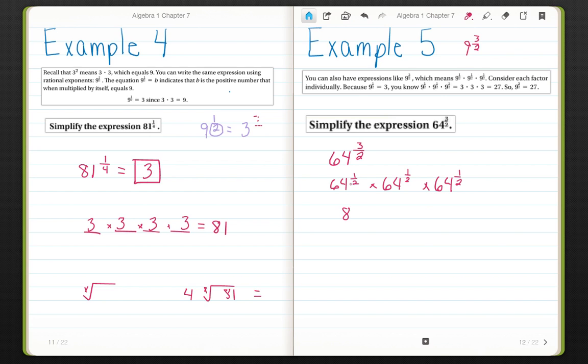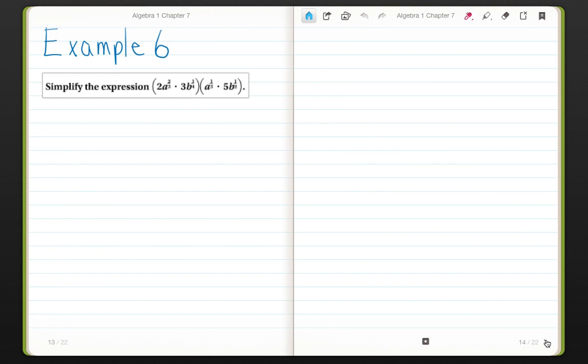So I'm going to replace 64 to the 1/2 with 8. So I have 8 times 8 times 8. 8 times 8 is 64, times 8, which equals 512. So 64 to the 3/2 power equals 512. Okay, one more.